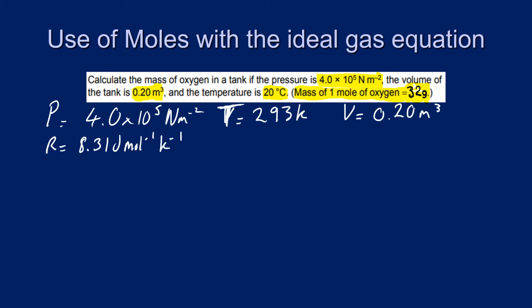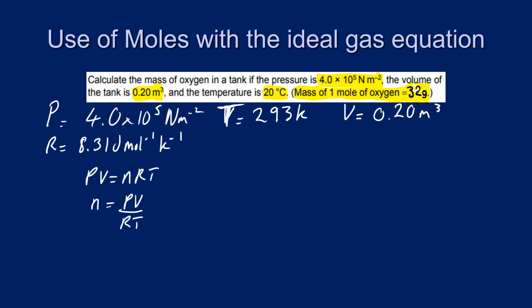So we want to find the mass. It's in two parts really. If we find the number of moles, then we can find the mass of the sample of gas, by multiplying the number of moles by the mass of 1 mole. So PV equals nRT. We need to make n the subject. So n is equal to PV over RT.